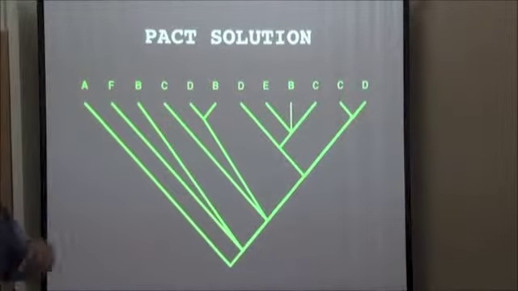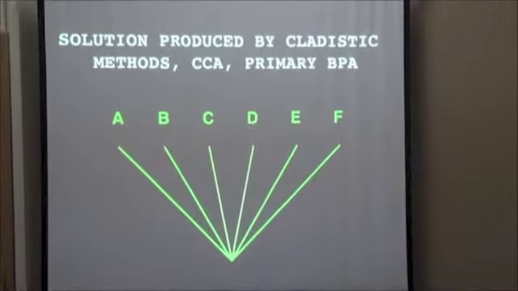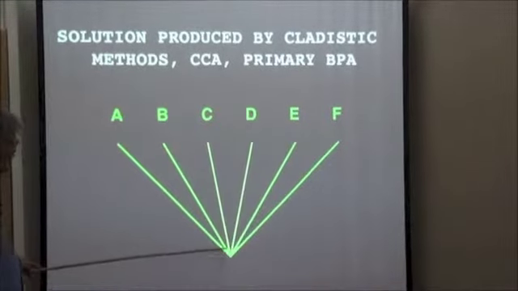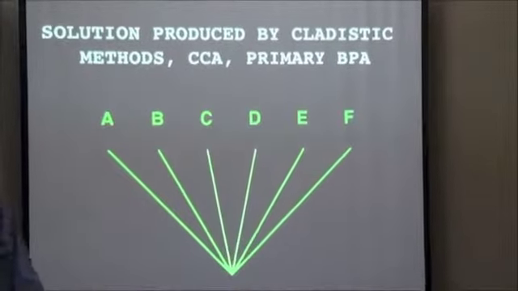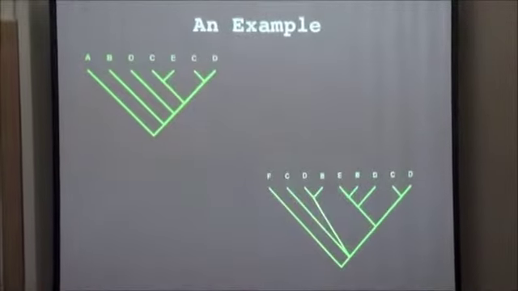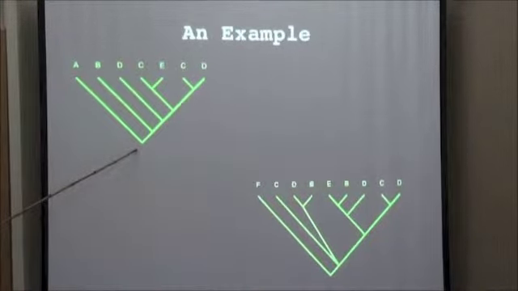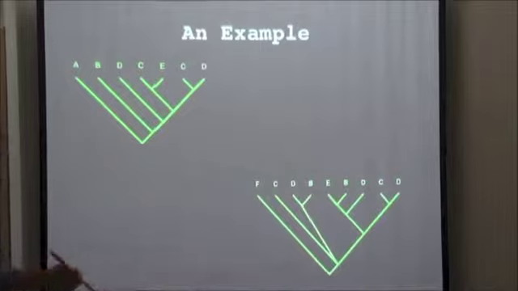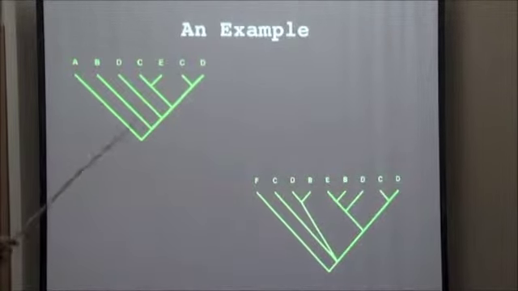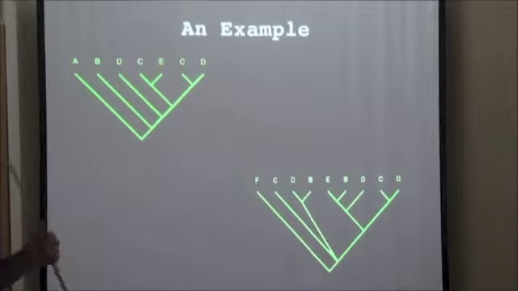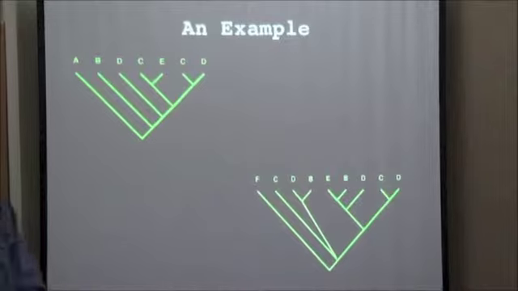The reason you get structure here and you don't get structure before is because here you take both of the trees and combine them, and then look for generalities, and there isn't any. What PACT says is, oh look, this group started from A, this group started from F. In fact, this turns out to be a group that colonized the Caribbean from Florida, and this is a group that colonized the Caribbean from Venezuela.